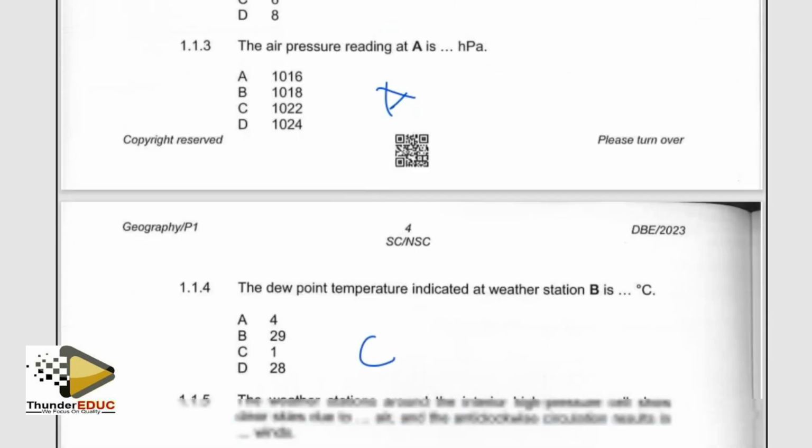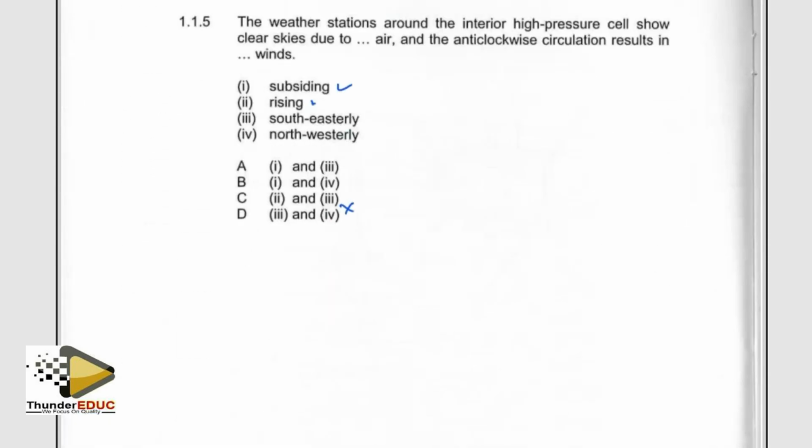Then wherever there is 3, it's also wrong. So this one is wrong. This one is also wrong because there is 3. This one is also wrong. Which option do we have? We only have option B, whereby northwesterly and subsiding. And therefore, the answer here is B.